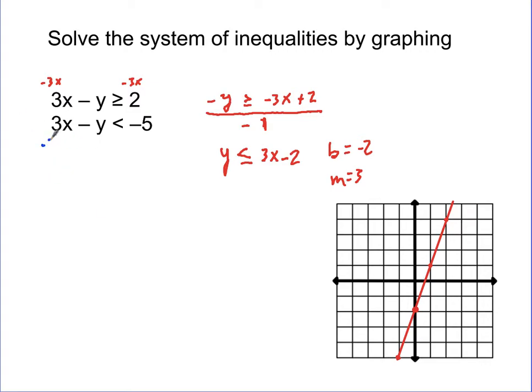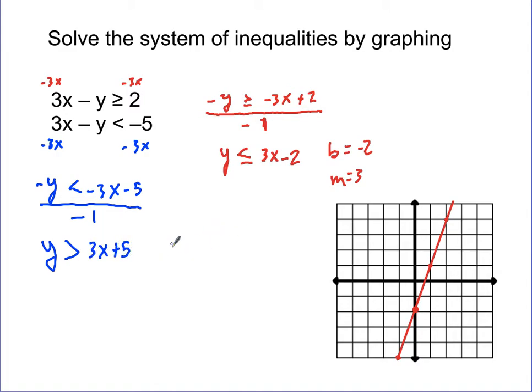Let's do this one. Subtract 3x. Subtract 3x. Negative y is less than negative 3x minus 5. Divide everything by -1. That changes our sign. So y is greater than 3x plus 5. So y-intercept is 5.